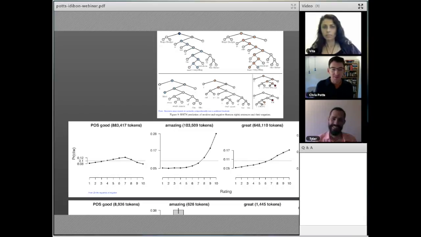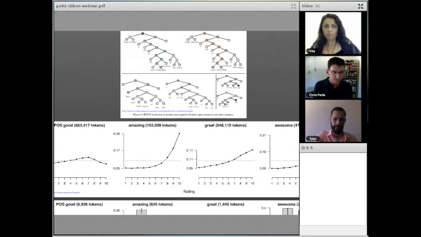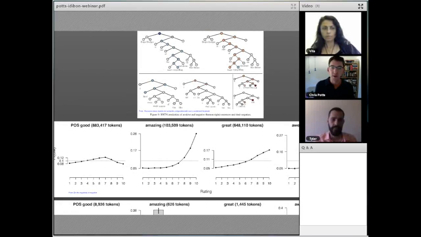This is a more mundane look, and you can see right away it's very intuitive. Along the x-axis, you have the 10 star ratings from IMDb movie reviews. And along the y-axis, you have something like the proportion of usage in reviews in each of those categories. So you can see amazing is used almost exclusively in very positive reviews.